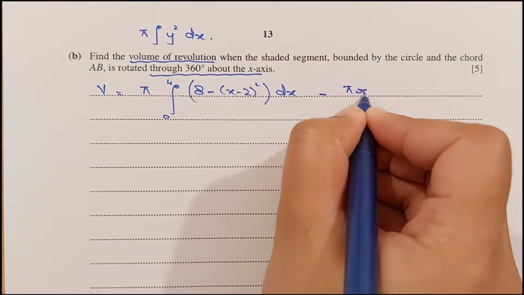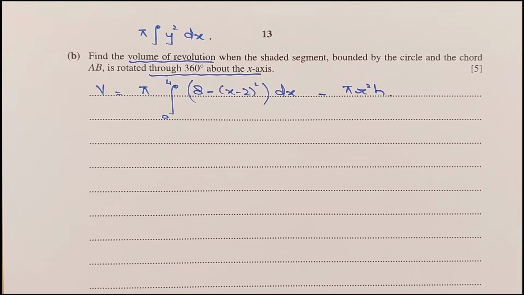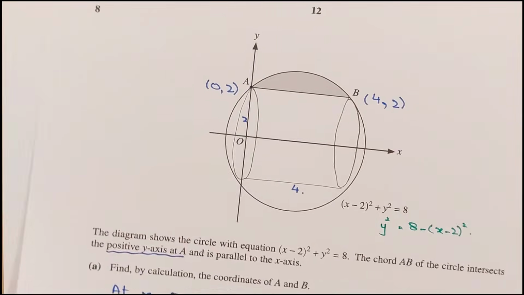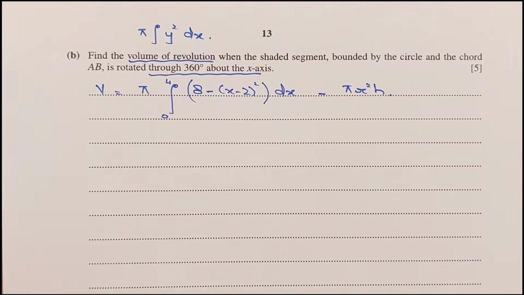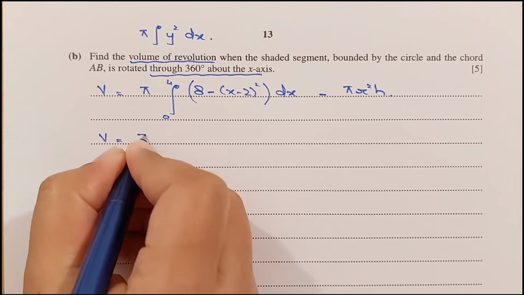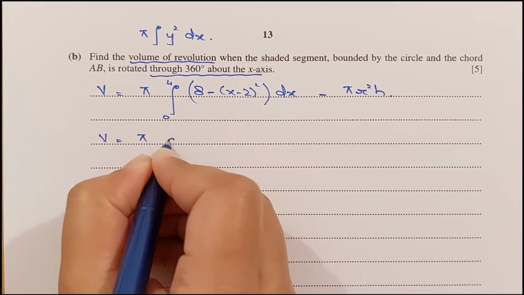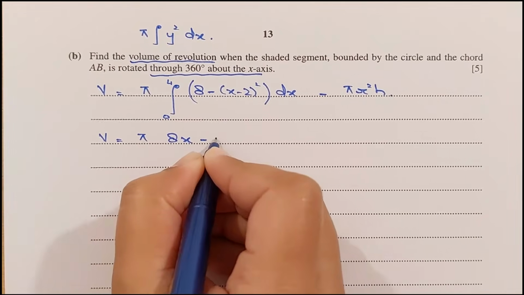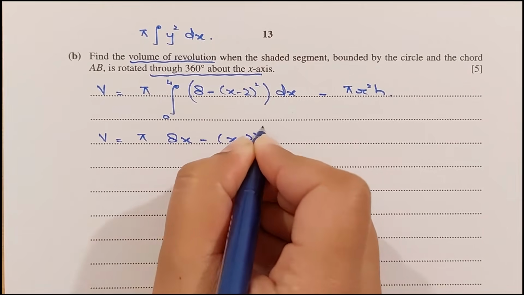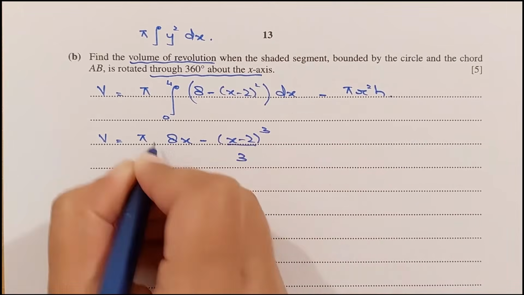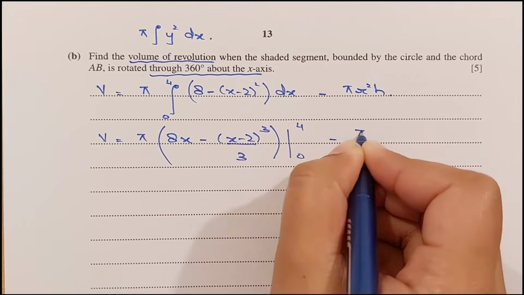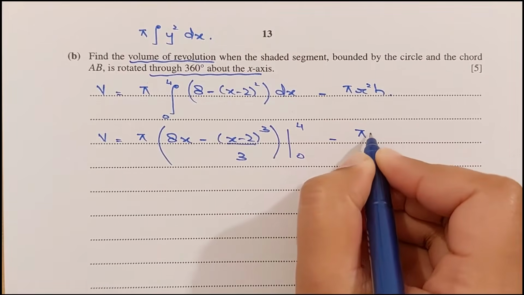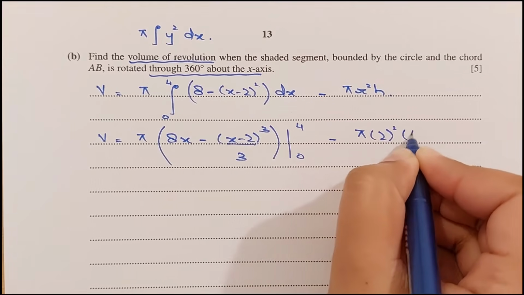This is pi r squared h, the volume of a cylinder, because when we rotate the shaded segment 360 degrees, we will get a cylinder. So V is pi, the integration is 8x minus, by the power rule, (x minus 2) cubed over 3, with limits between 0 and 4. This is minus pi, the radius of the cylinder is 2 and the height is 4.